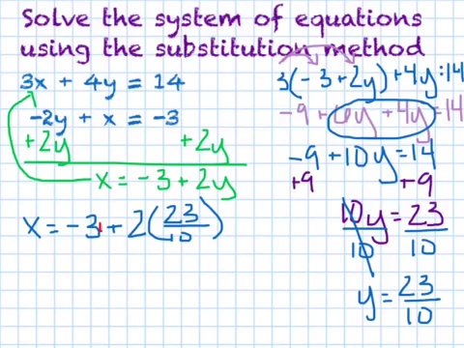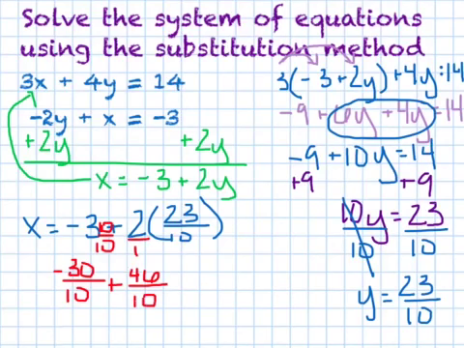So I want to put this one over 10, so I'll multiply it by 10 over 10. That'll be a negative 30 over 10 plus, over here this is like saying 2 over 1. 2 times 23 is 46 over 1 times 10 is 10.